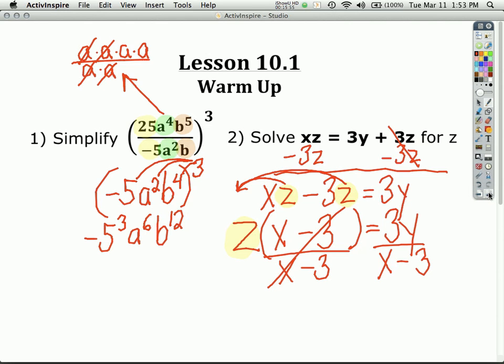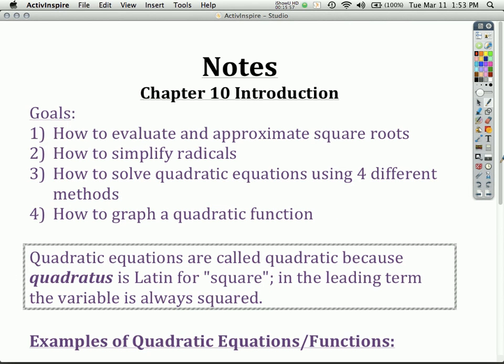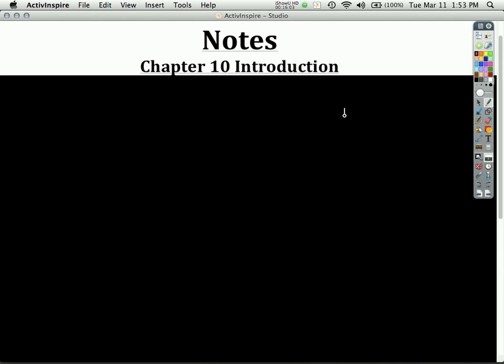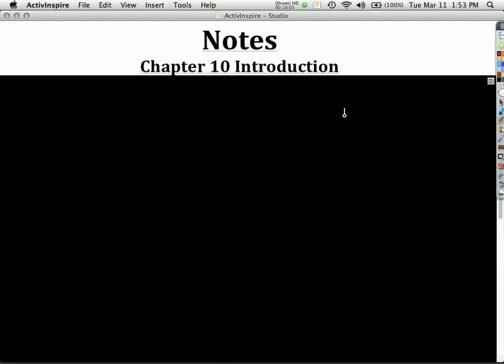Okay, draw a line across your paper. Today we're going to begin chapter 10, and I begin each new chapter with an overview. I do not want you to copy the overview. I want you to pay attention to the overview. I want you to digest all the major goals we are going to be embarking on.